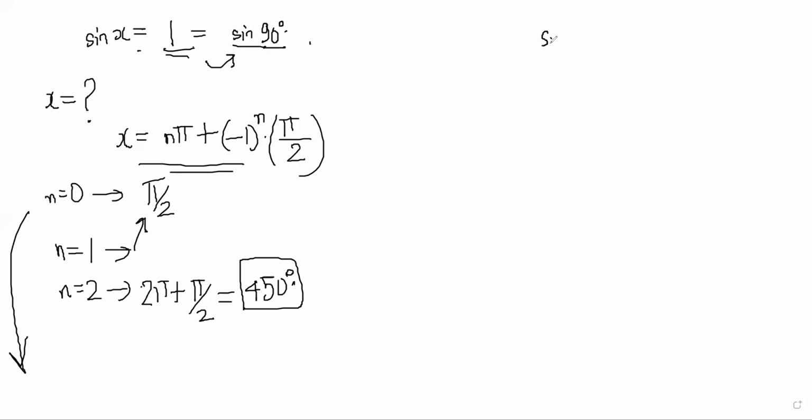Suppose I gave you this question instead. Sin x is equal to 1 by 3. Now what will you do? What is x now? All of these questions that we saw earlier, half, 1, the reason you were writing it like this was because you knew what the angle was which made sine 1, or sine 30 half, right?